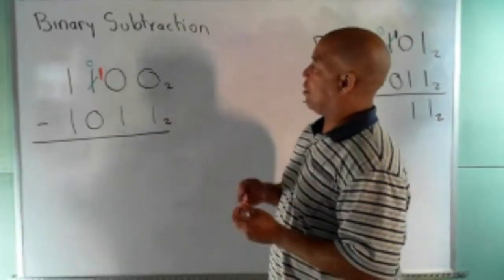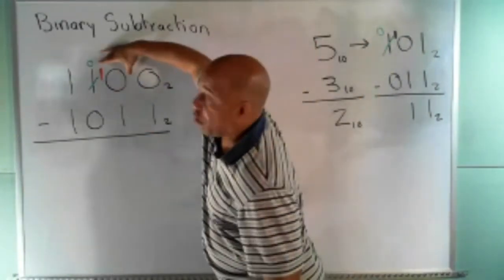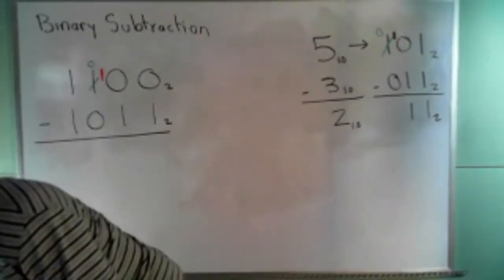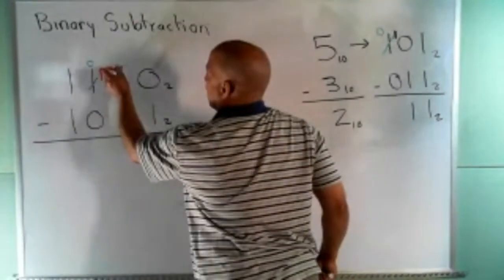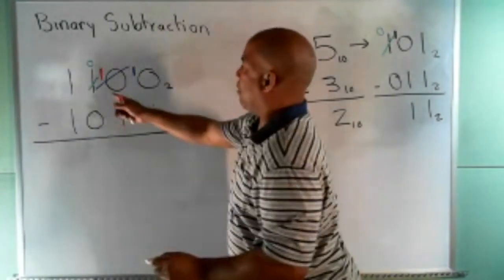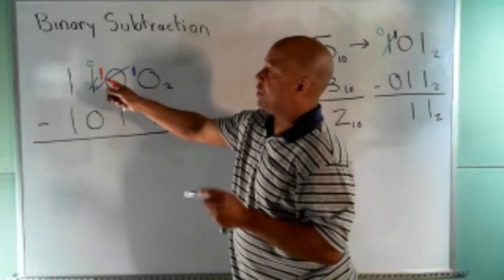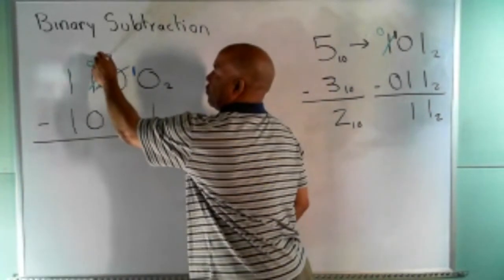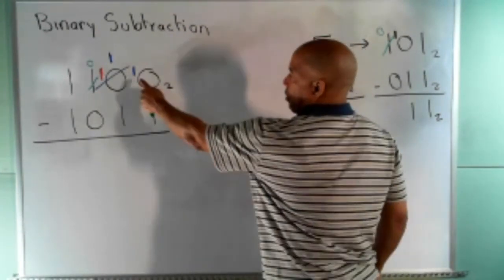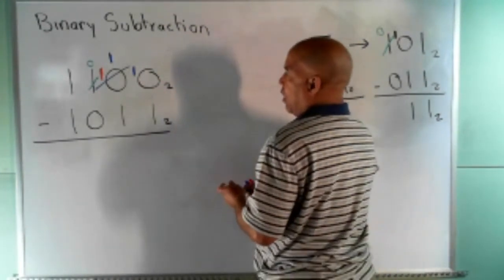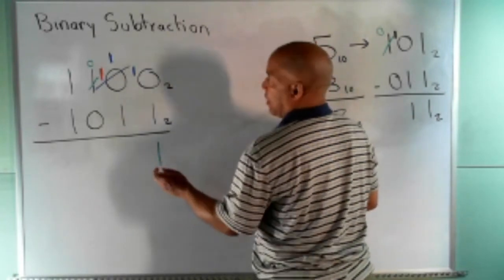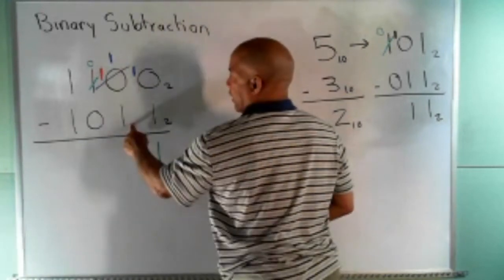So now what I can do is I can borrow 1 from this whole thing, right? From that 1, 0, I can borrow 1 from that. So I can say, I want to borrow 1 from that, bring it over to here, makes this a 1, 0. But when I borrow 1 from a 2, there's still 1 left there. There's 1 left over. So hopefully that doesn't confuse you. A 1, 0 minus 1, that gives me a 1. A 1 minus a 1 gives me a 0.